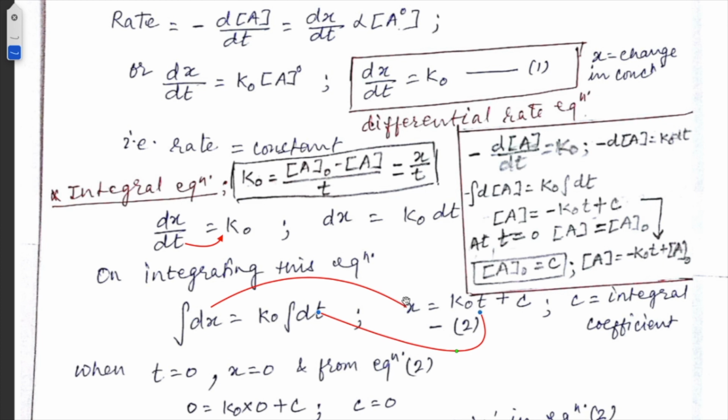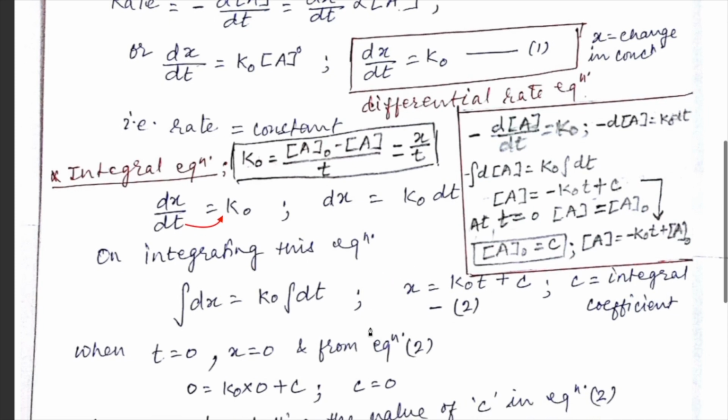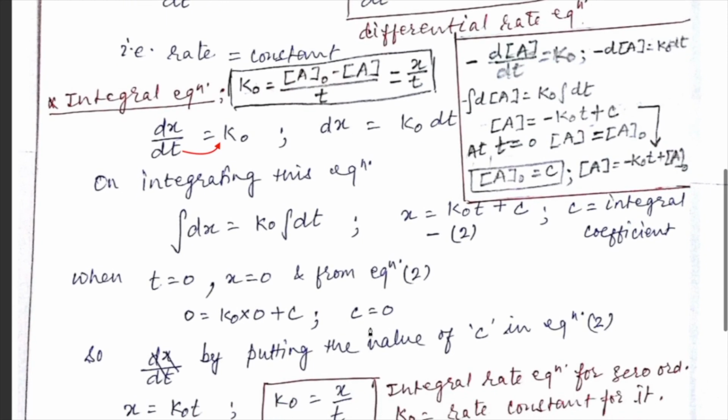When we take the integration, then we have to put some constant along with it. So plus c is the integral coefficient or integration constant. Now to find out the value of c, we start with the initial conditions, that is, when t was 0, then the rate of decomposition of A, that is x, is also 0.